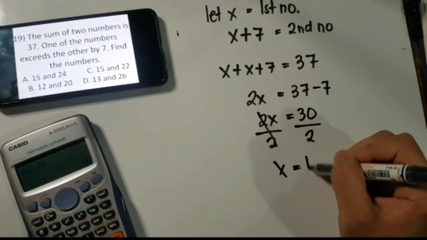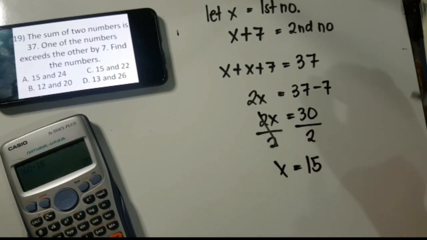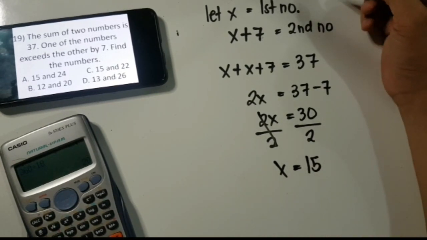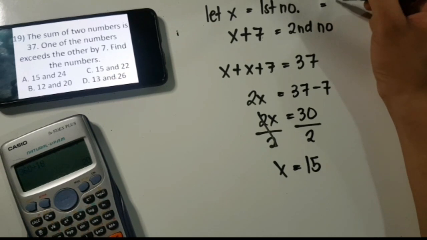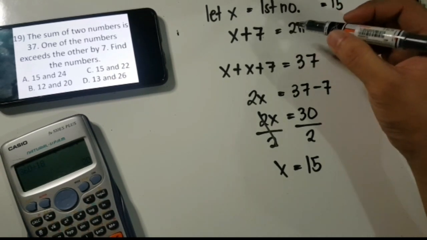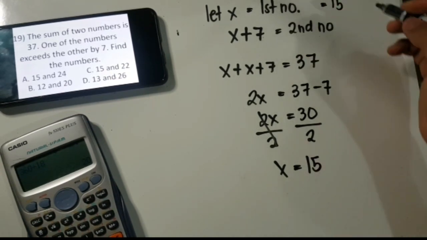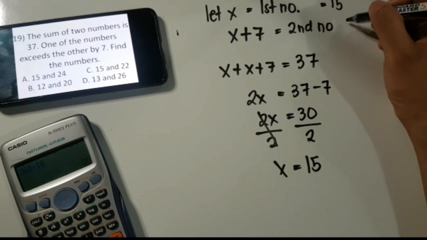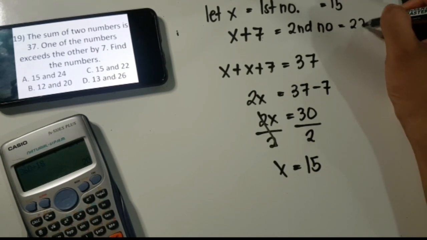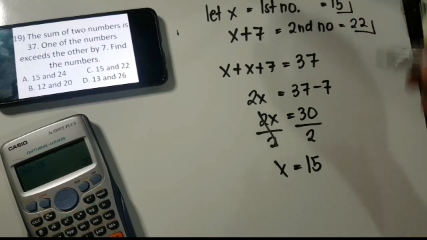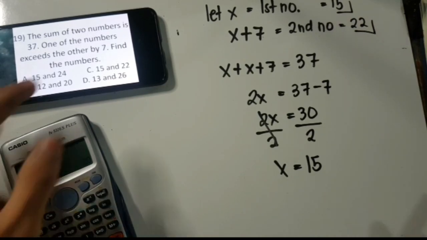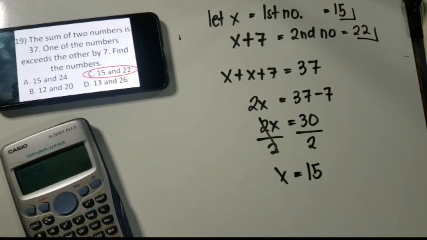So, x is equal to 15. So, this is not yet the answer. So, find the number. First number is x, which is 15. Second number is x plus 7, which is 15 plus 7. So, that is 22. So, the answer here is 15 and 22. Yan.